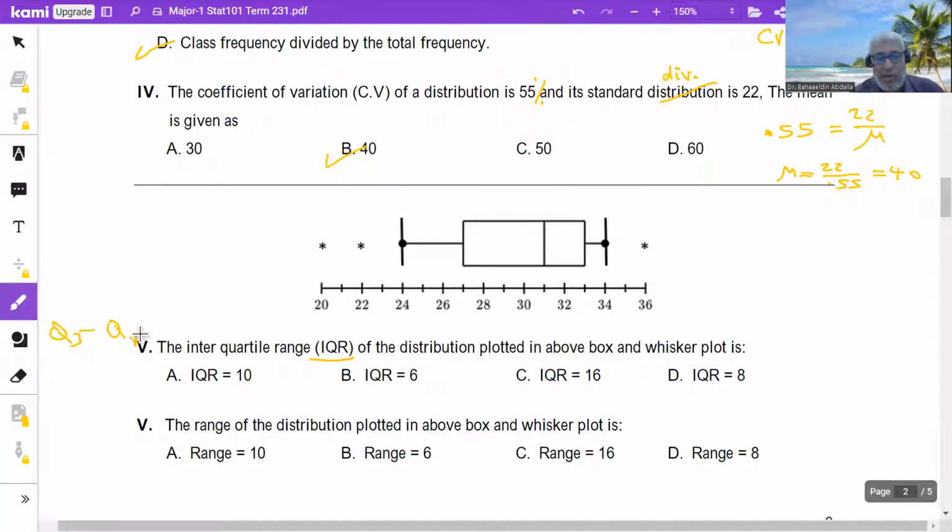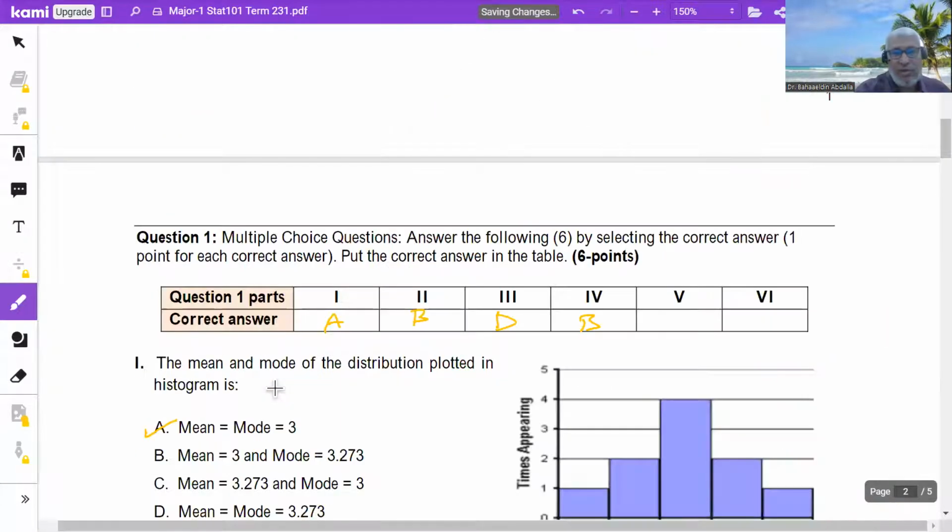And where is Q3 here in the box plot? It is represented by this bar. So this is Q3, and Q1 is here. So Q3 is 33, and Q1 is 27. 33 minus 27 is 6. So the answer is B.